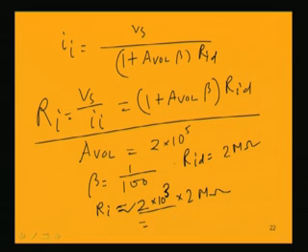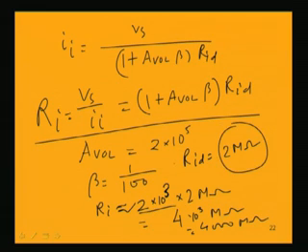So, the RI value is 4 into 10 to the power 3 megohm. That means 4000 megohm becomes the input resistance. When the OpAmp resistance was 2 megohm, due to the negative feedback, the input resistance of the whole circuit becomes 4000 megohm.